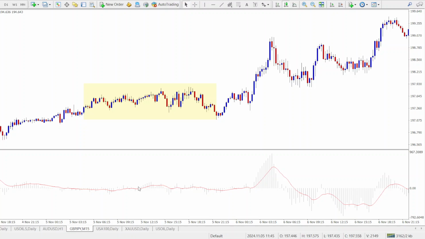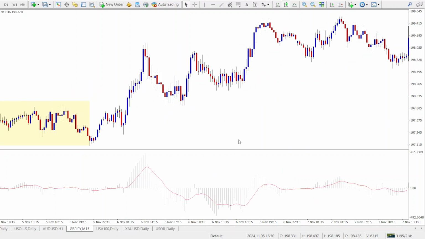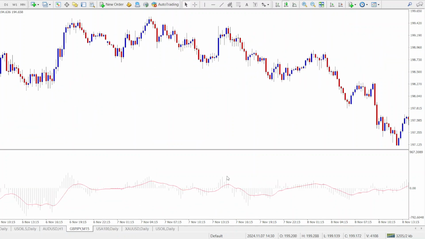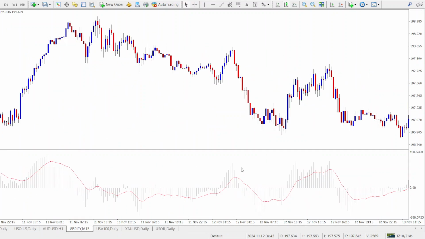So you won't even know when exactly to buy or to sell, because the signal is going to be confusing. As you can see here, the signal is going to be confusing. So to be on the safer side, it's better to just use this indicator in a trending market so you can get clearer signals. All right.